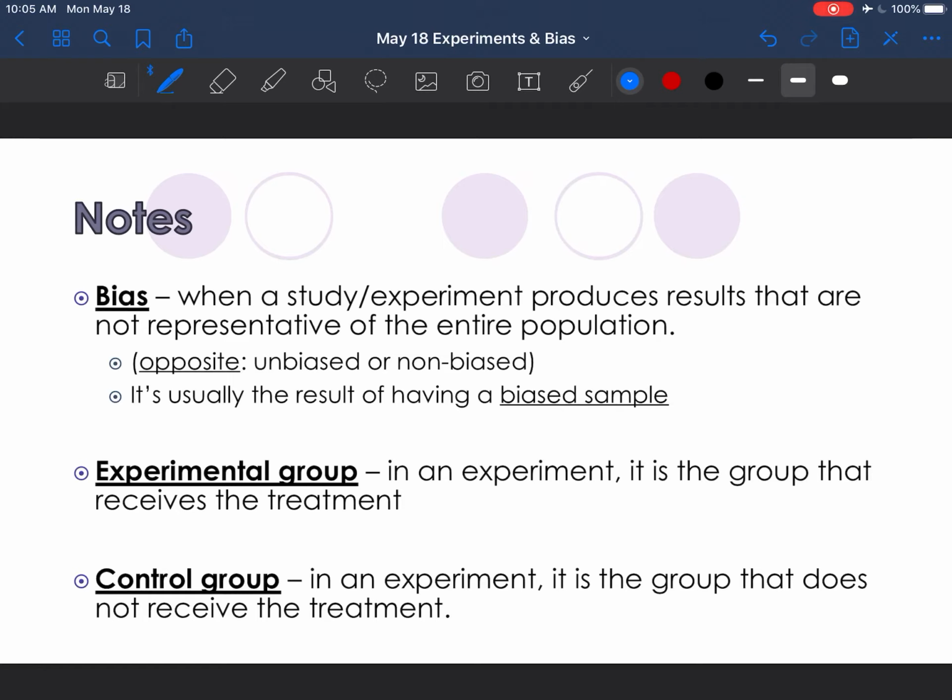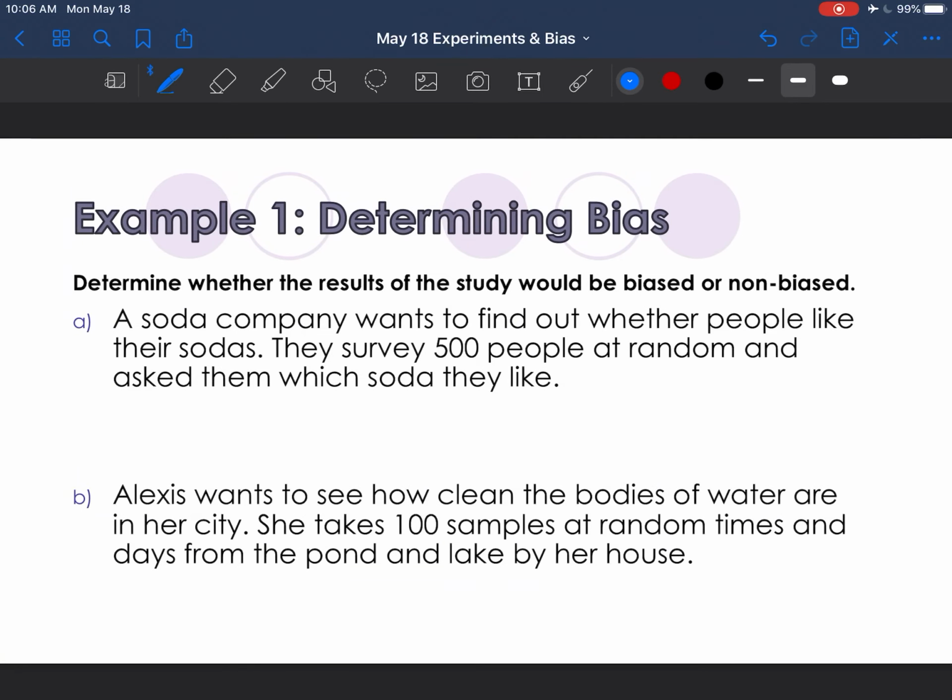You could have multiple experimental groups, like you could say, does giving soda to a plant make it grow faster than giving orange juice to a plant, or does playing music to them all the time make them grow faster? So you could have multiple experimental groups, but you must always have a control group to compare the results to. Okay, so let's just go ahead and jump into the examples.